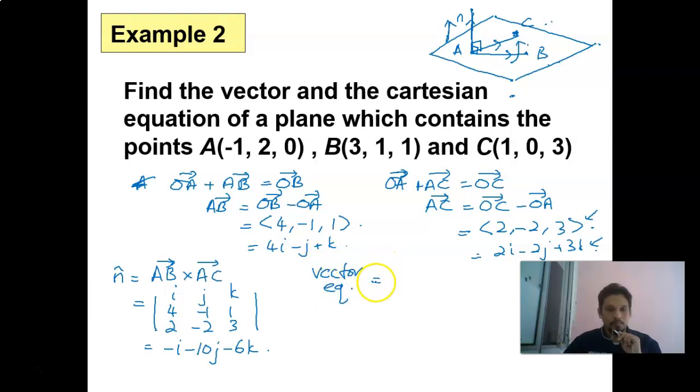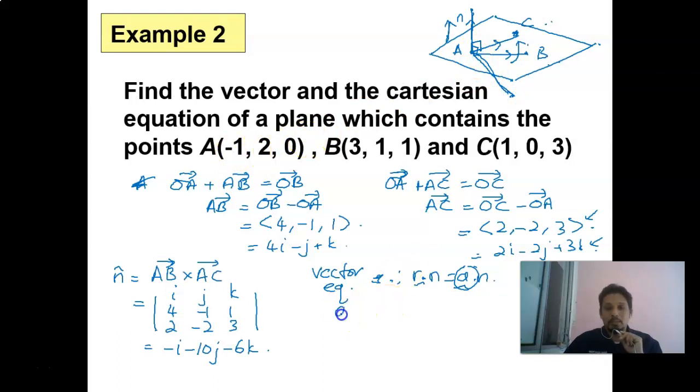So then the vector equation is r dot n equal to a dot n. For this case, we are taking a, assuming that this is the coordinate of a, from the origin point O to A, which is negative 1, 2, and 0.